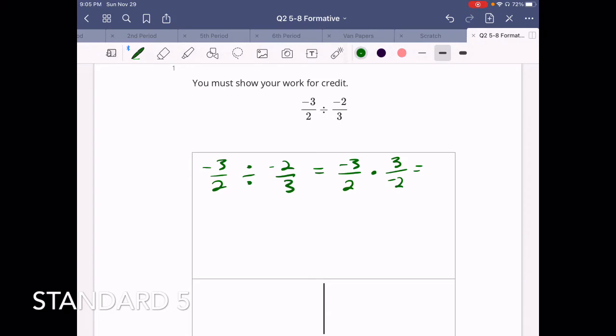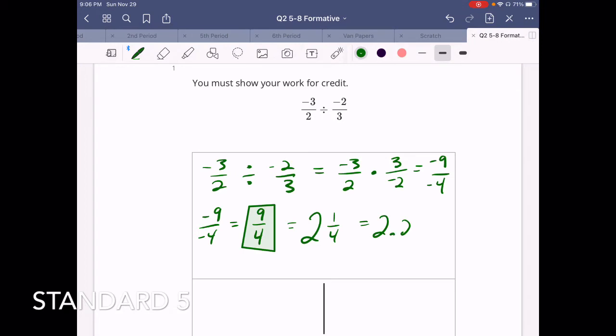Now I have -3 times 3 is -9, and 2 times -2 is -4. However, -9 divided by -4 is the same as +9 divided by 4. So we're going to leave this as 9/4, or 2 1/4, or 2.25. All of these work.